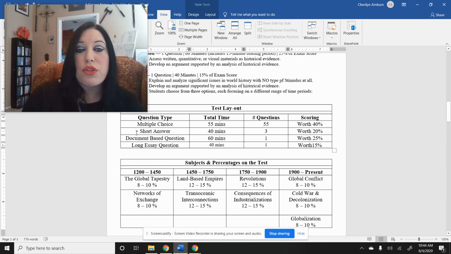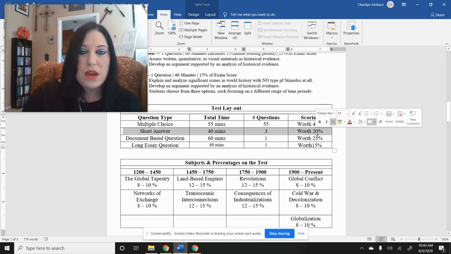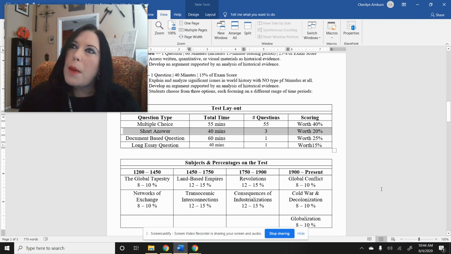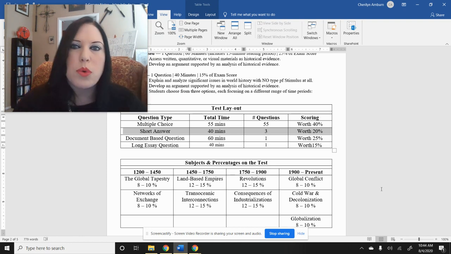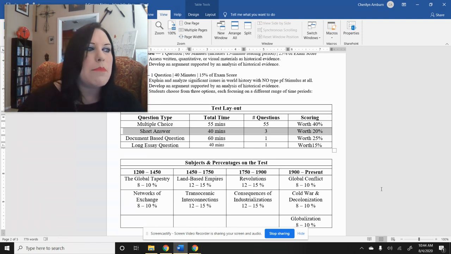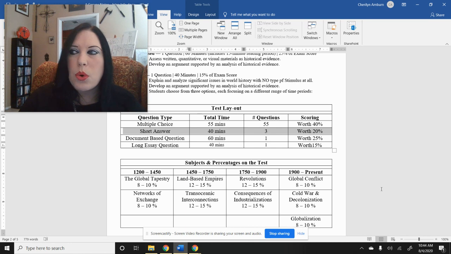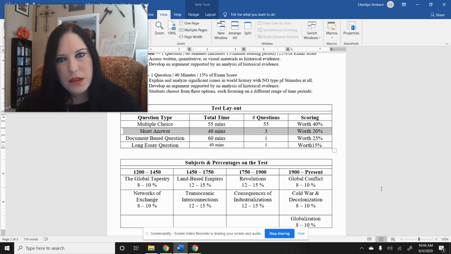Then you have 3 short answer questions. You have 40 minutes to do them. 2 of them, I believe, will have stimuli. I believe 2 or 1. I don't remember. It's either 1 or 2 that have a stimulus of some kind. That means, again, you are looking at a map and answering a question, or you will have a picture of, I don't know, something, and you're answering the question based on the picture.